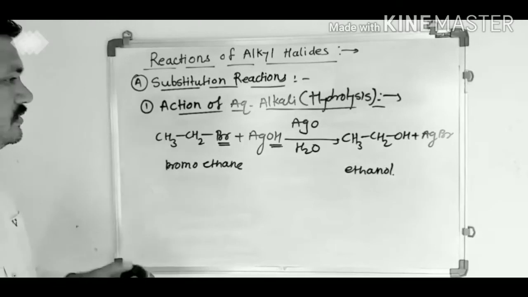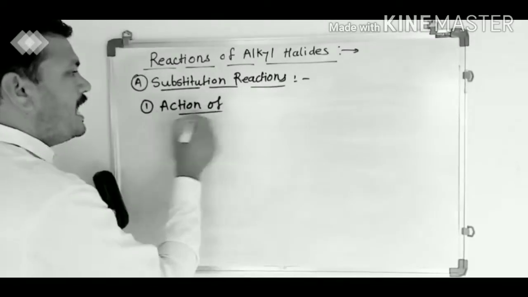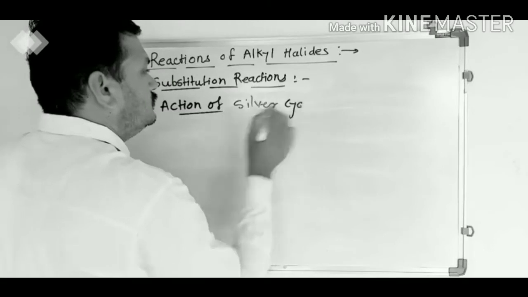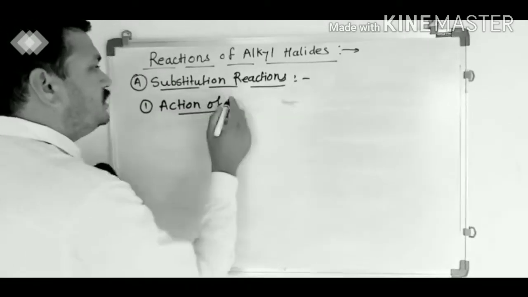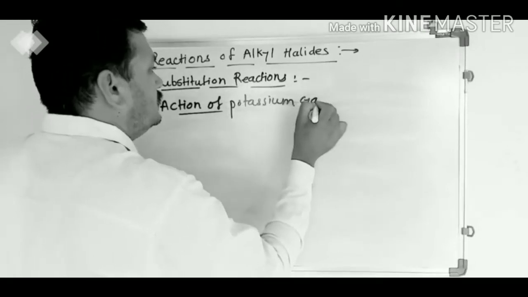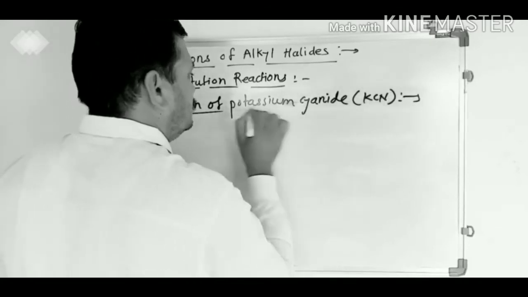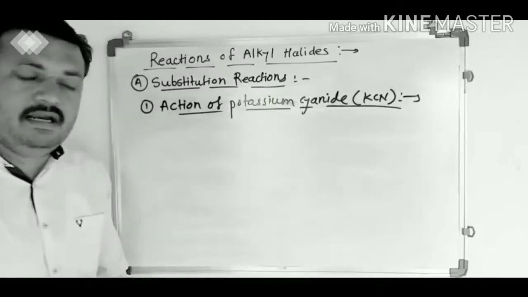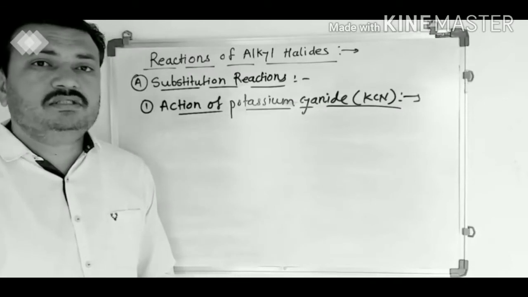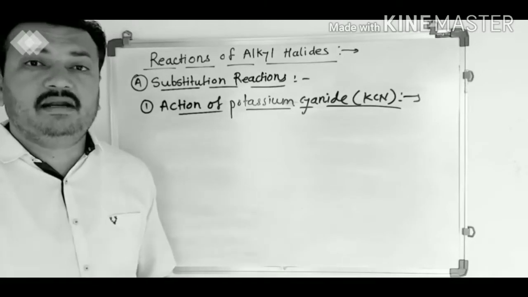In the second reaction, we will see action of potassium cyanide, KCN. When alkyl halide is heated with potassium cyanide, it undergoes the reaction and formation of alkyl cyanide or alkyl nitrile takes place.